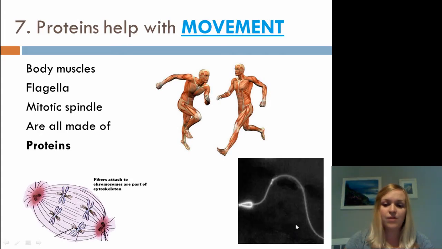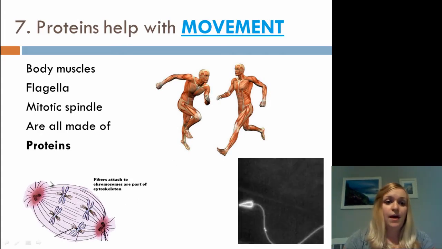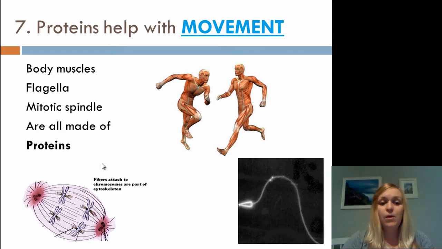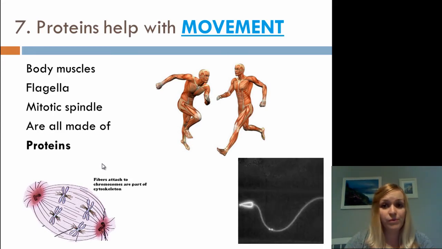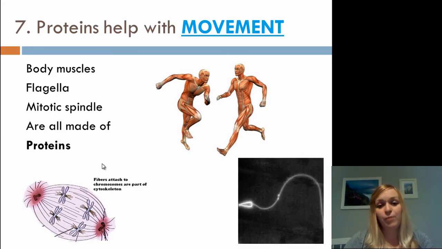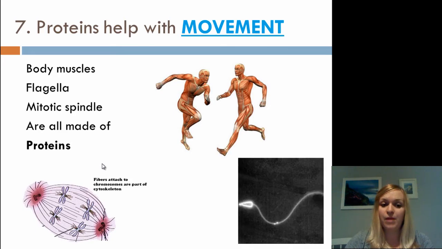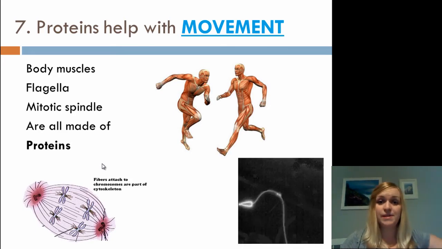That flagellum is all made of little microfilament proteins. The mitotic spindle in mitosis and meiosis. When we talk about cell division, that spindle that pulls the chromosomes apart is made of protein. So proteins are really important in all kinds of movement in our bodies, both microscopic and macroscopic, the things that we can see every day.